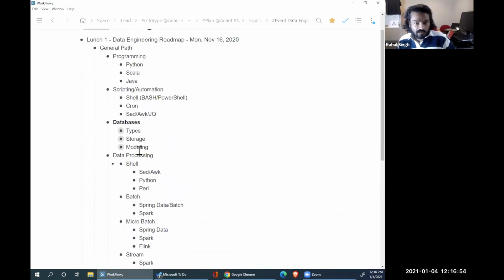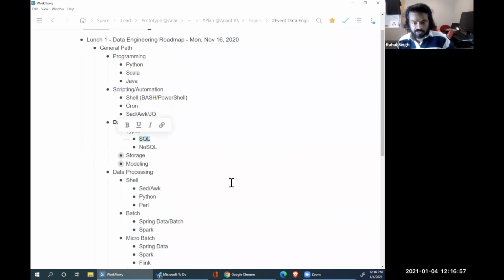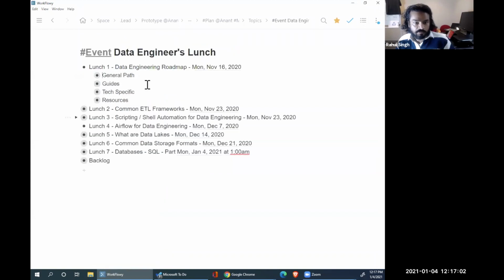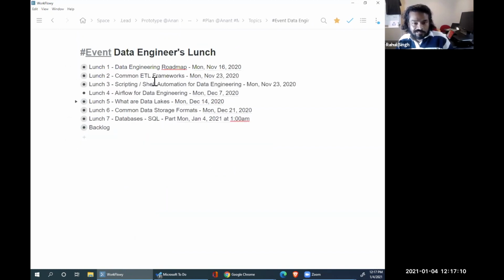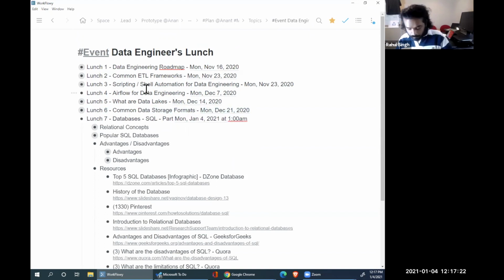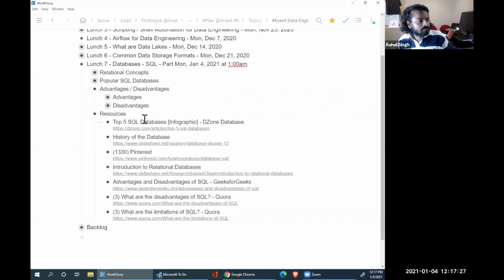Today, we're going to cover just this part here, relational. If you want to discuss it and ask questions, just feel free to drop in. We've covered to date ETL frameworks, shell scripting, shell automation, Airflow for data engineering, what data lakes are, and common data storage and file formats. All of these are on the group's YouTube. Akwi, if you could put the YouTube link in the chat as well, if you want to catch up.